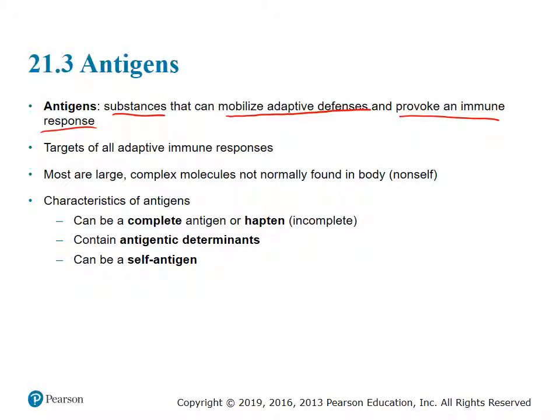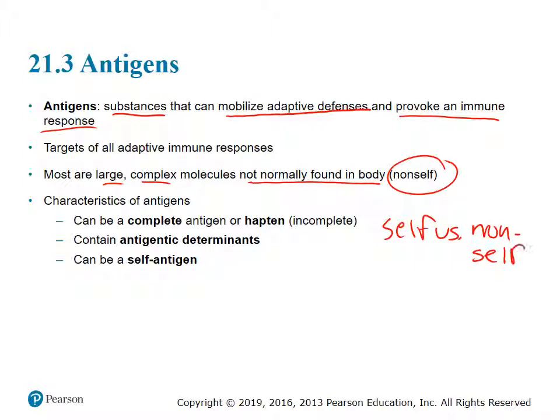Most are large, complex molecules, normally not found in your body. We call those non-self. So if you remember self versus non-self, we talked a little bit about that in part A. What is self versus non-self?